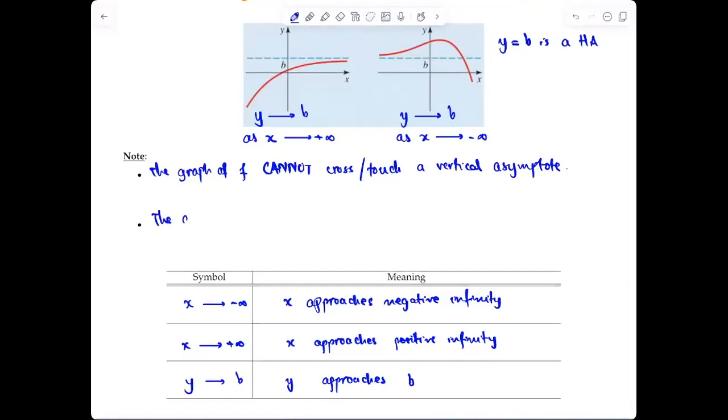Here, the graph of f can in fact cross or touch a horizontal asymptote.